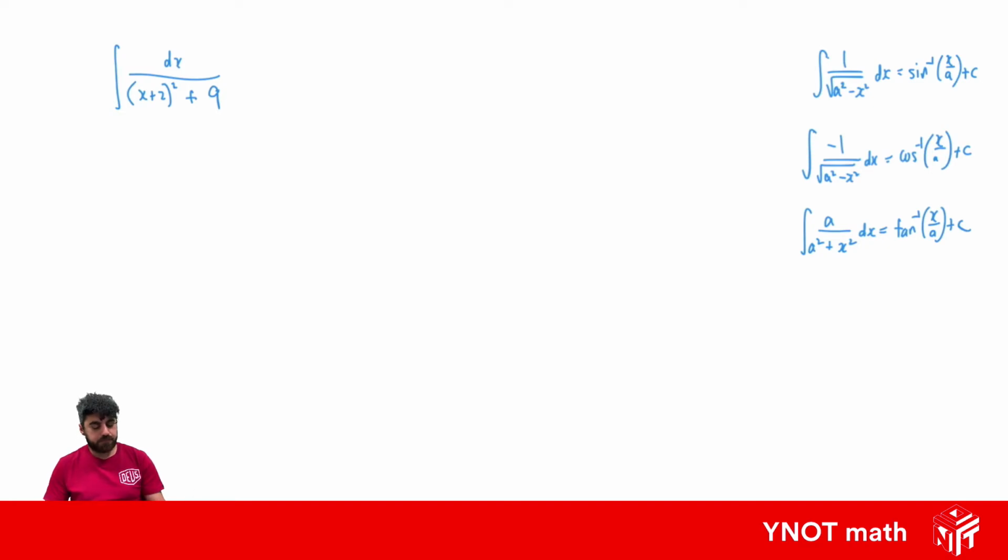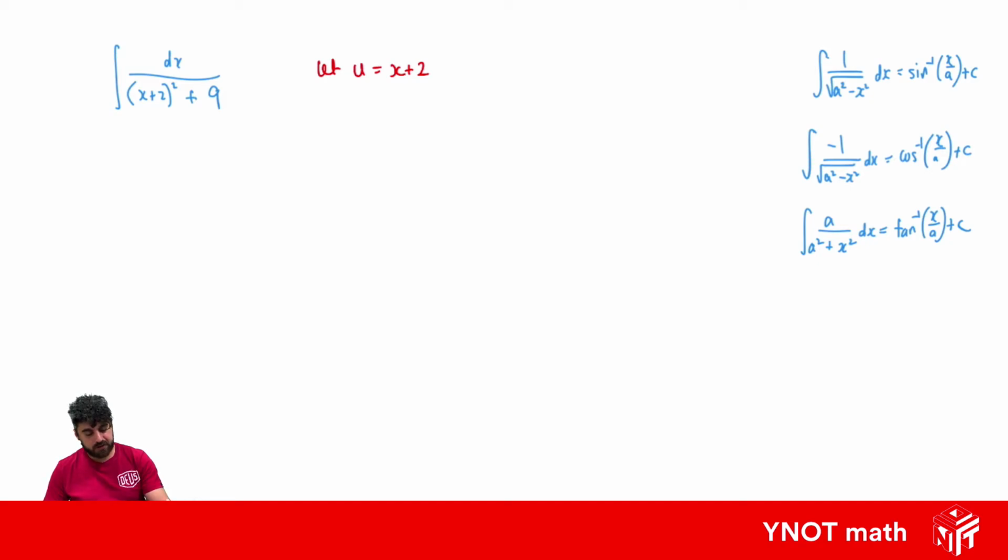Now, looking at this, hopefully you can recognize that you've got something squared plus a perfect square, and it kind of looks like this one down here, because there's no square root, so we know these are probably not going to help, but it does kind of look like this one here, and we're going to go with that to help us. But we don't just have x squared, we have x plus 2 squared, so we're just going to use a substitution, and it would make sense to let u equal x plus 2.